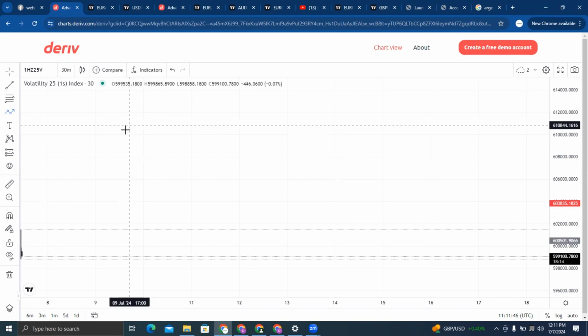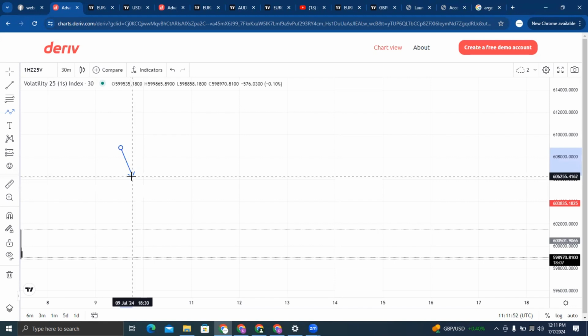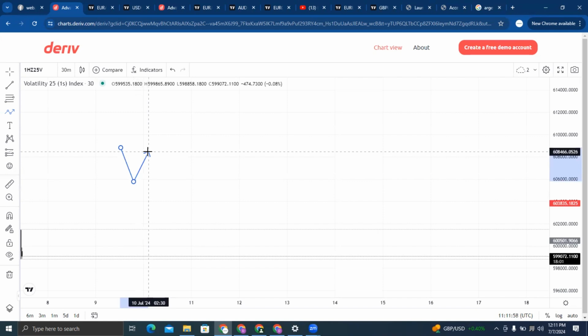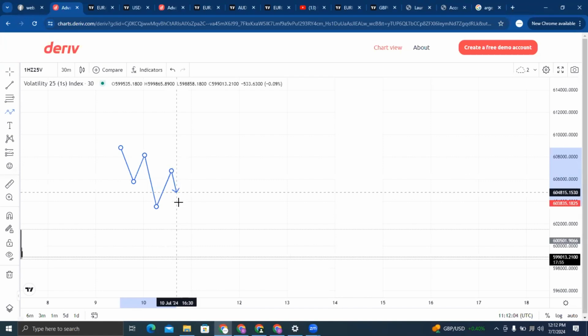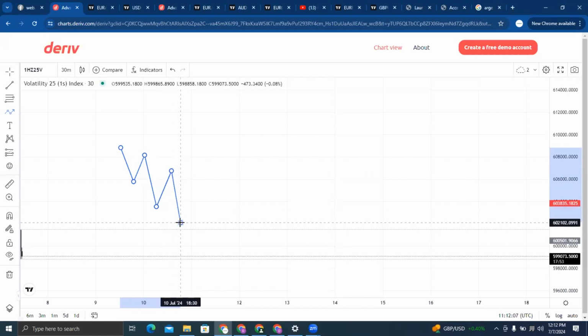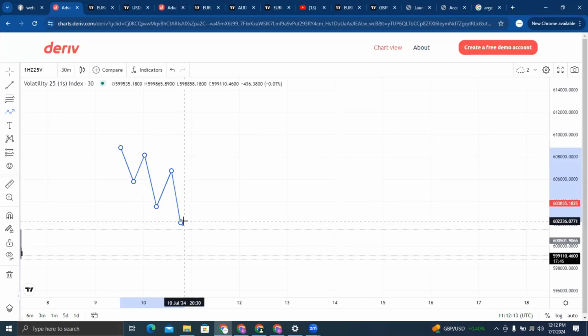Let's say you're in a downtrend, for example, and the market prints a high and a low here, printed another lower high, printed a lower low, printed a lower high, printed a lower low. Now, you can identify this trend like this, that this is a downtrend, right?